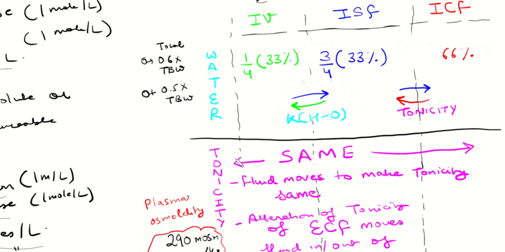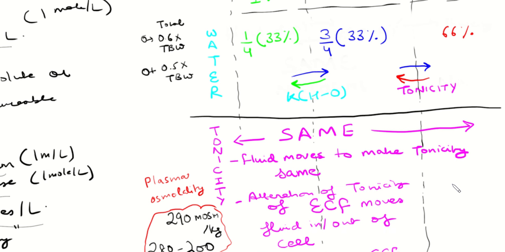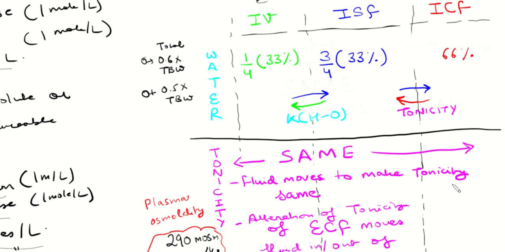Tonicity is the same across all three compartments. This is very important. If the provider or we decide to change anything with tonicity in the intravascular space, it will cascade with fluid shifts in all the compartments till the tonicity is the same.